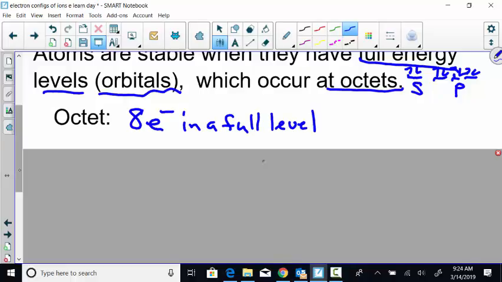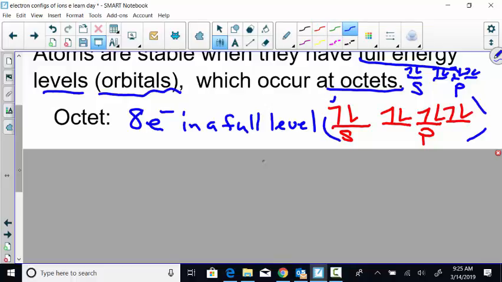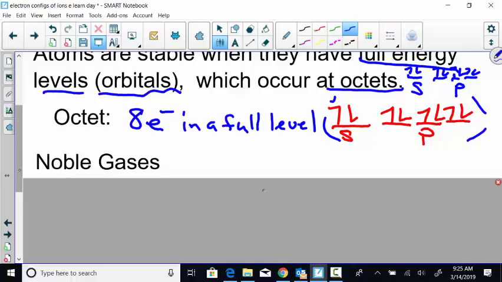Those 8 electrons happen to be filling an s orbital with 2 electrons and a p orbital with 6 electrons, so that gives us a total of 8. And you'll notice even when we were working with electron dot structures yesterday, we only worked with 8 electrons.